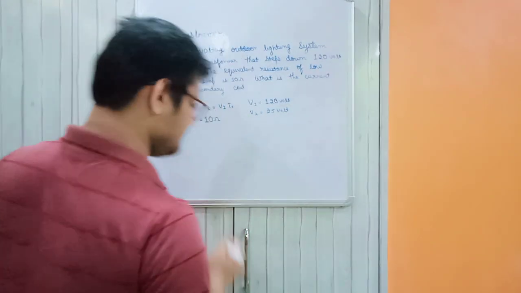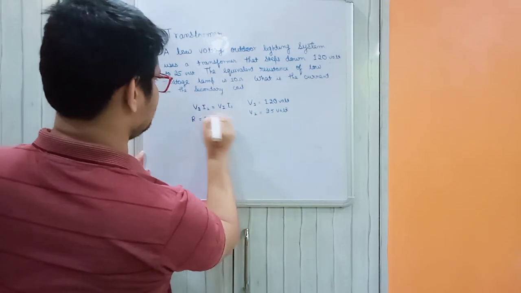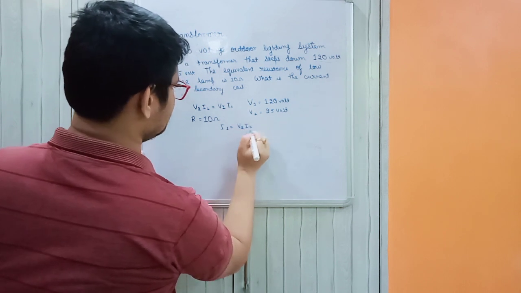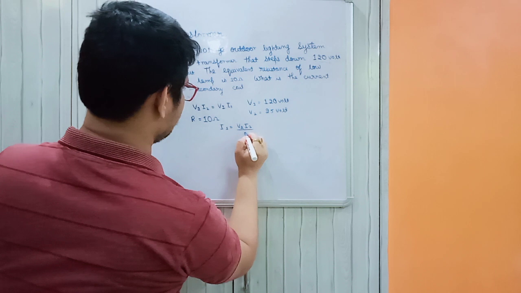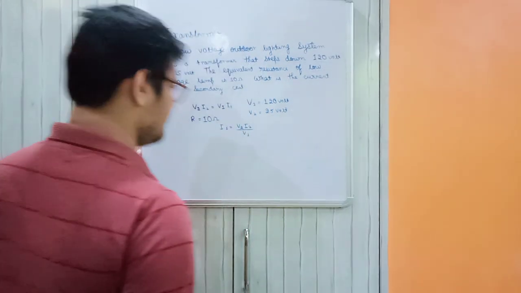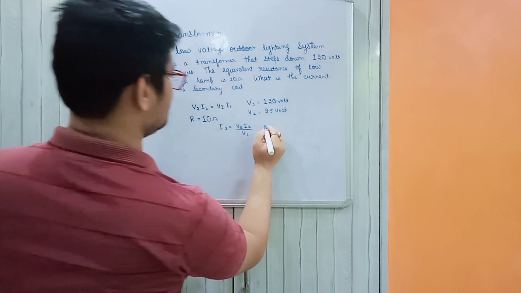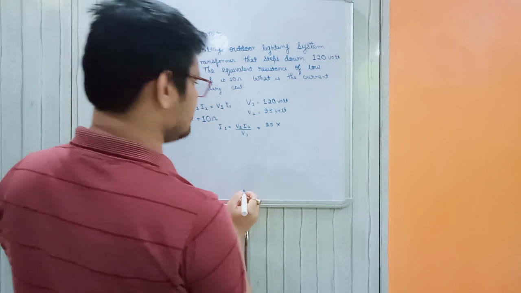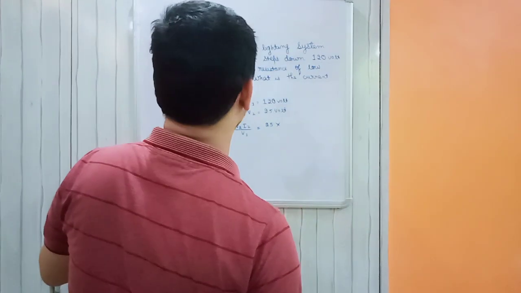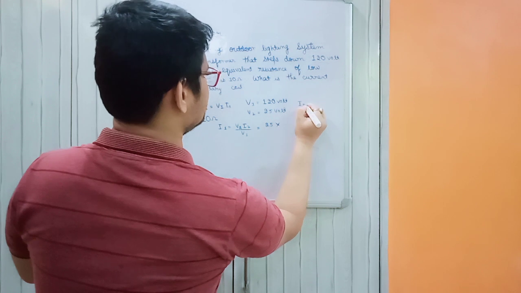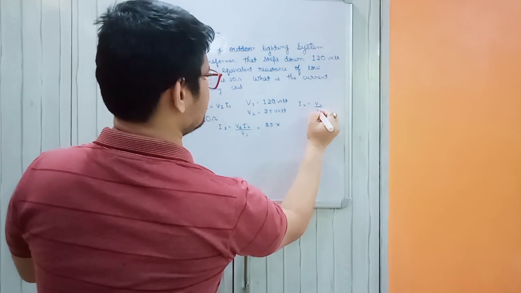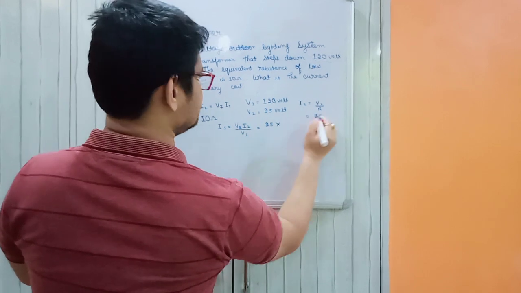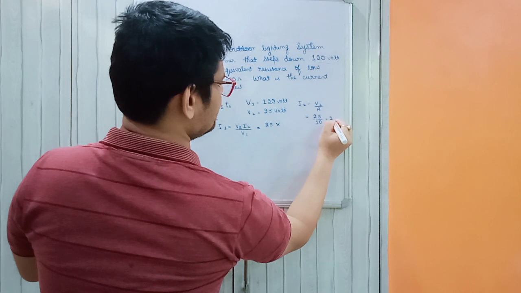From these equations, I1 is equal to V2 I2 divided by V1. So here we just put the values. V2 is 25 volt, and we have to get the current I2, which is nothing but V2 by R. So V2 is 25 volt, 25 divided by resistance 10, so we are getting 2.5.